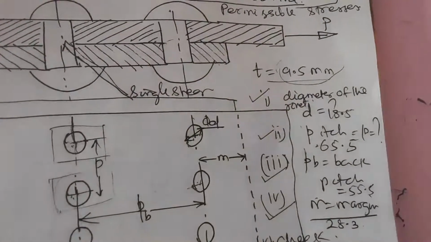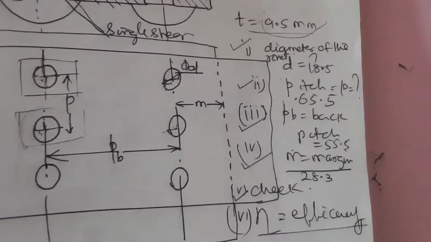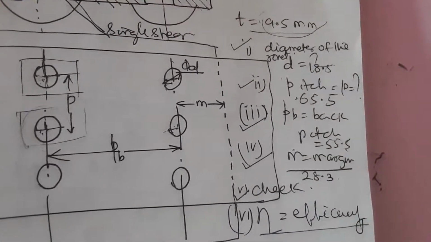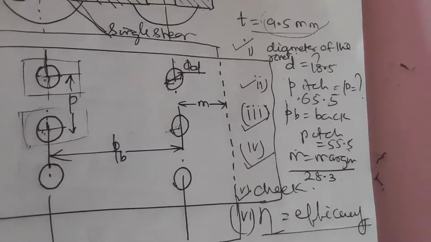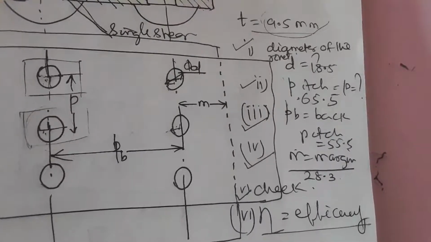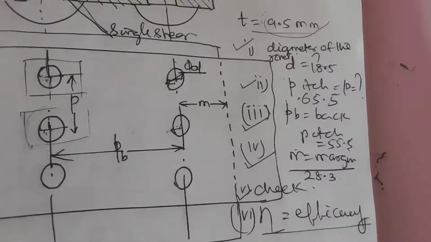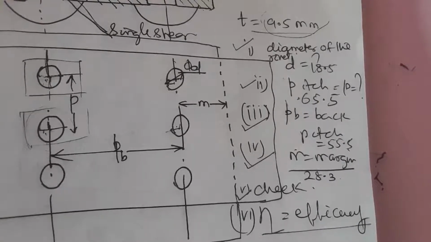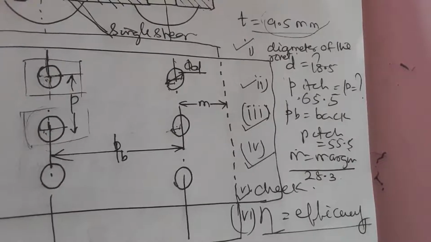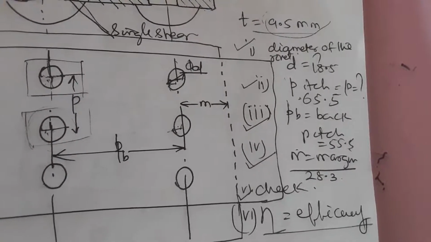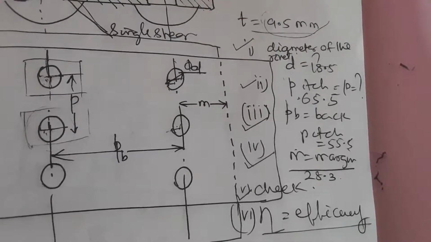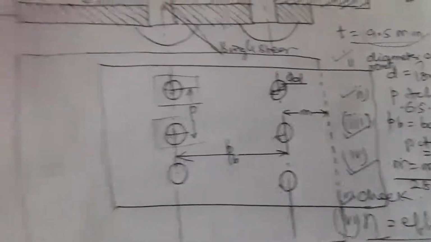Then we have to check whether everything is correct and what should be the efficiency. To find out the efficiency, we have to find out the shearing, the crushing, the tensile, the margin shear and everything. The diameter is actually standardized based on the drill size, because if the diameter is coming out to be 18.0325, we can't drill it, because you have to drill as per the drill bit size available in the market.